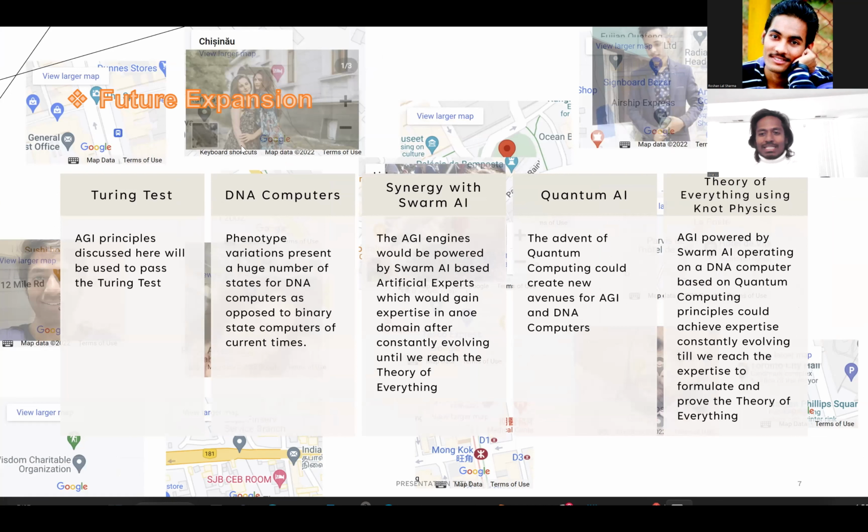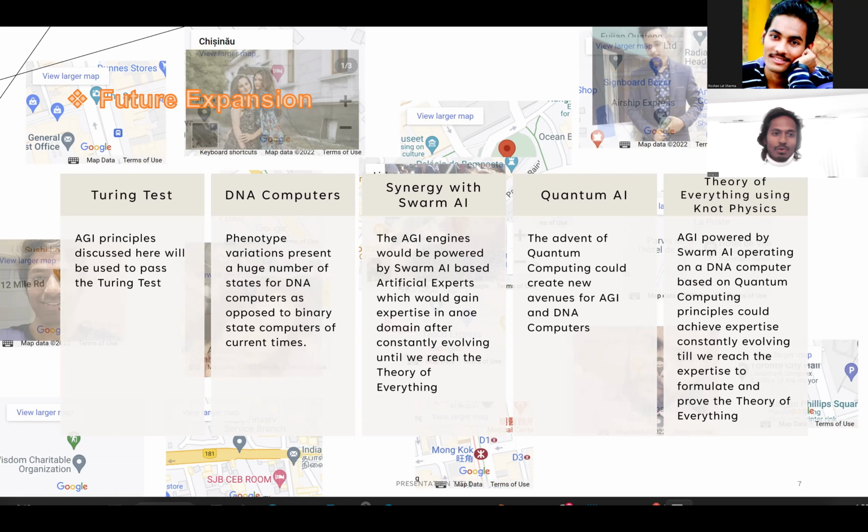So now what is the future expansion? We have talked about our current training procedure. We have talked about the principles involved in our formation of an AGI system, which would eventually result in a DNA computer. So what is the result of the principles which we are trying to put in action? The first one is going to be the Turing test.